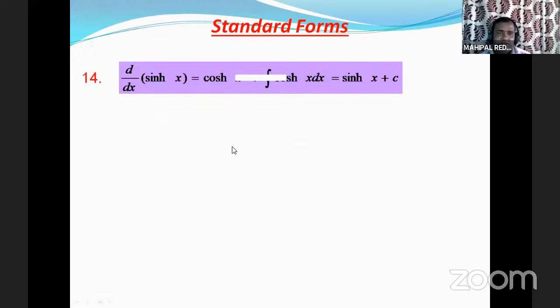Next, so you learned here exponential functions, logarithm functions, trigonometric functions, and inverse trigonometric functions. Now we are going to learn hyperbolic functions. The derivative of sinh x, the sine hyperbolic function, is the cosh x. That means the derivative of sinh x equals cosh x.